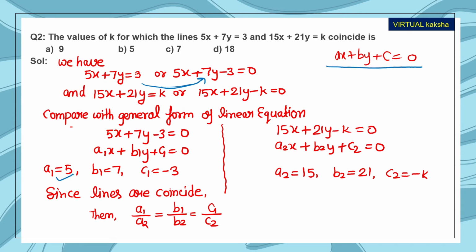We get a1 equals 5, b1 equals 7 and c1 equals minus 3. For the second equation, a2 equals 15, b2 equals 21 and c2 equals minus k. Since the lines coincide, a1 upon a2, b1 upon b2 and c1 upon c2 are equal; this is the ratio of coefficients and the constant terms of the pair of linear equations.